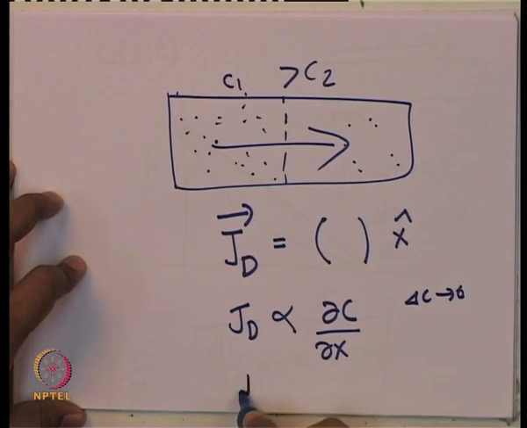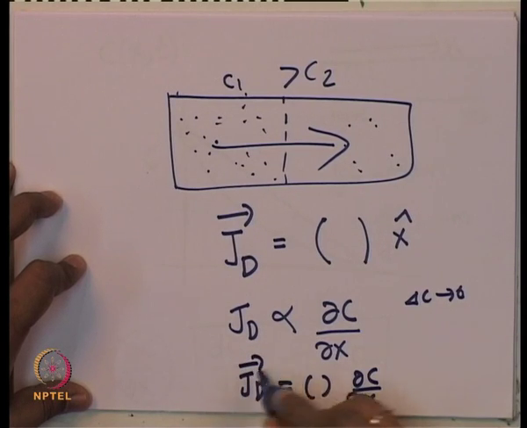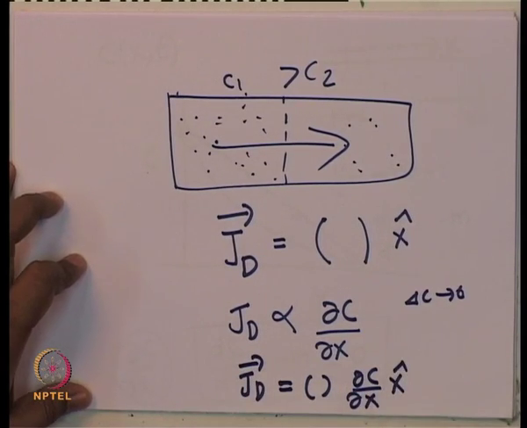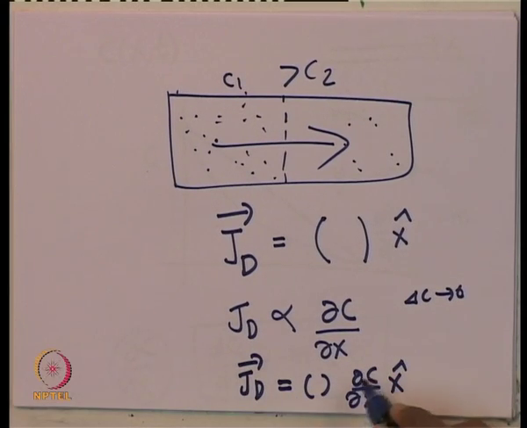So, if we say that JD is some constant times del c by del x, this is negative. So, what would this mean? This is some proportionality constant which we have defined, so this would mean that this is a negative quantity.